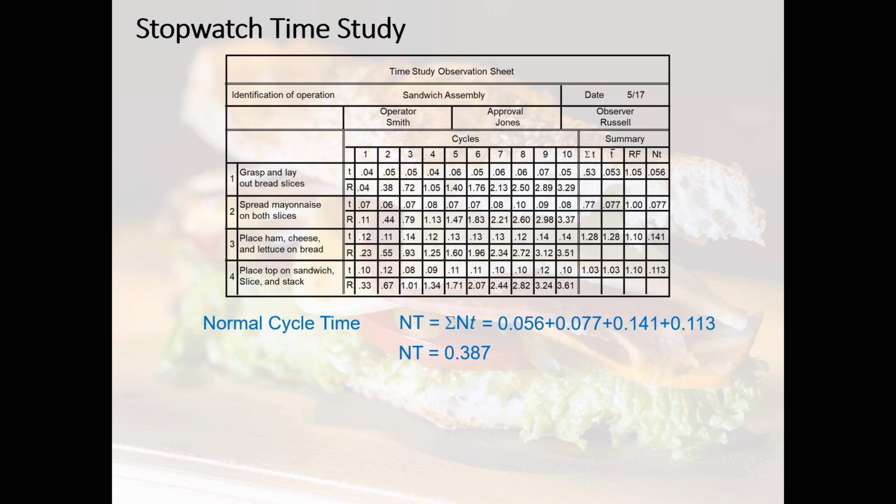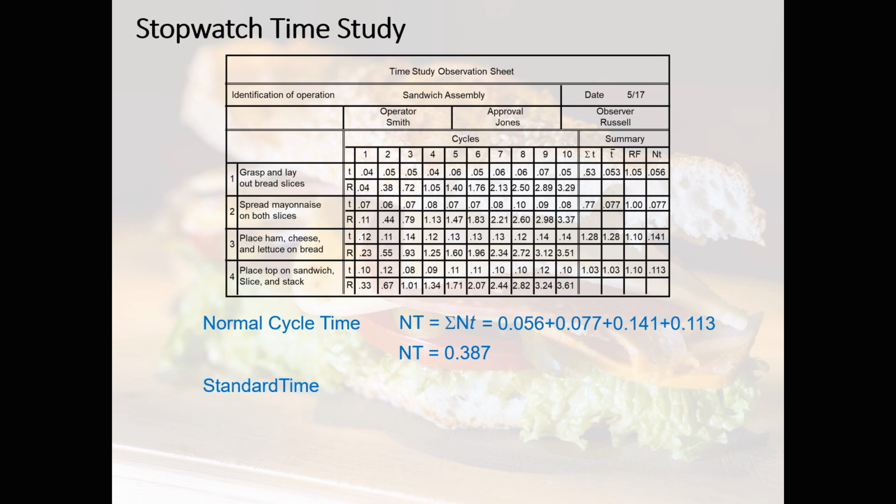And when we do that, we get a normal cycle time of 0.387. So what this means is that on average, it takes 0.387 minutes to assemble a sandwich.